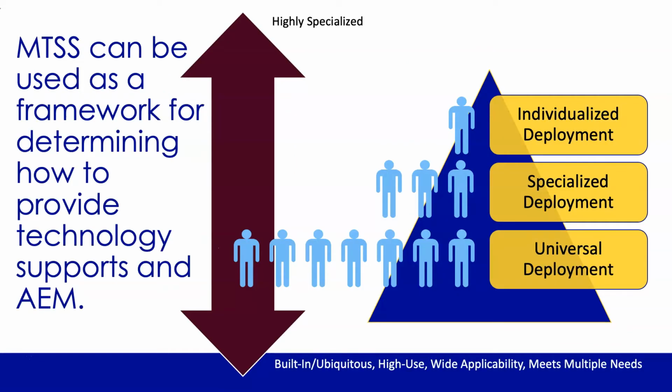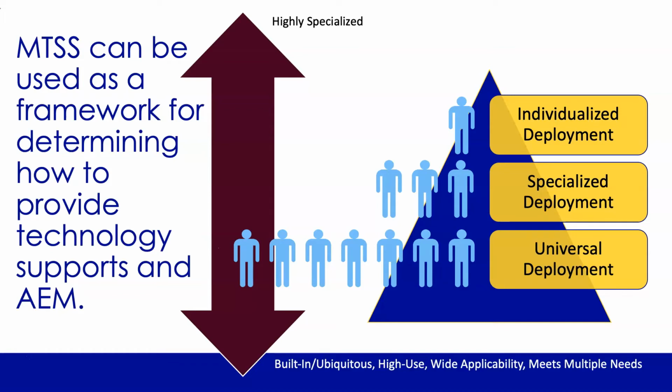MTSS is first and foremost a framework. It can be used as a way to organize how we provide both supports related to technology and educational, high-quality materials that are accessible.